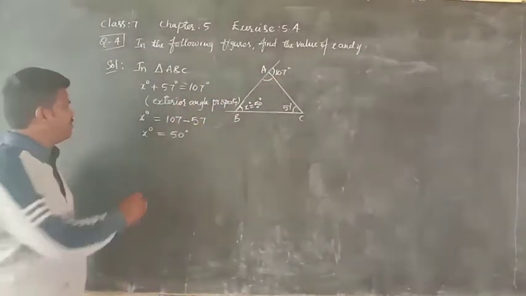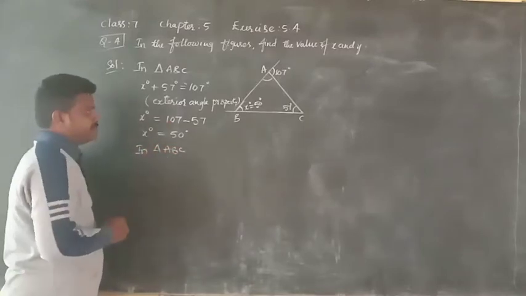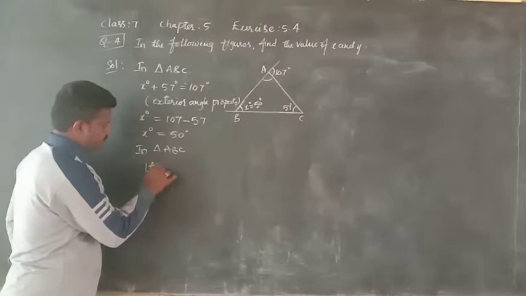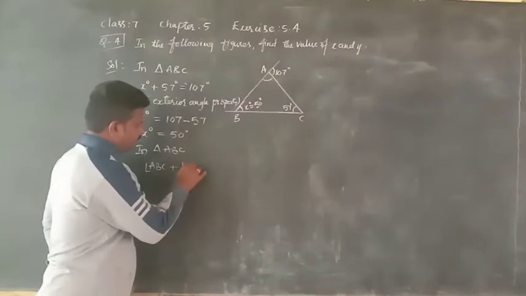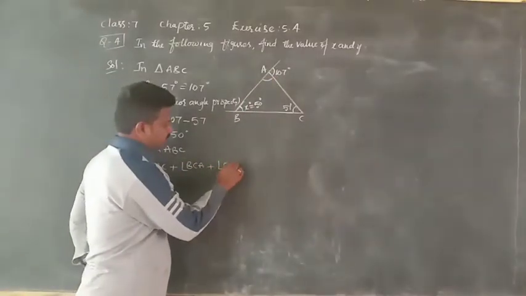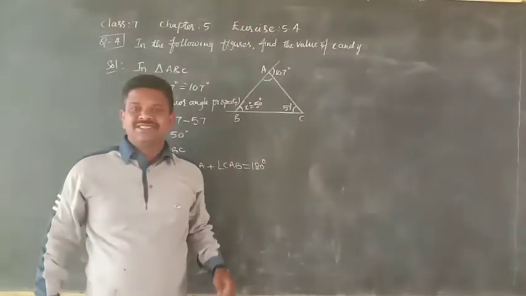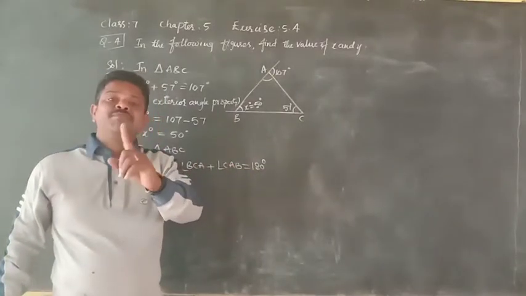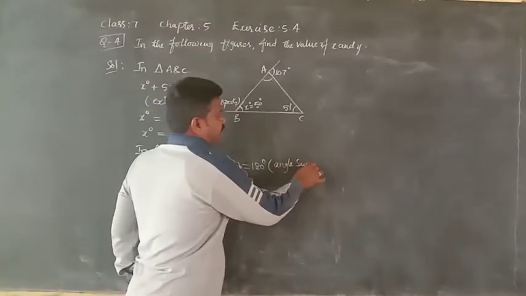To find angle A, in triangle ABC, angle ABC plus angle BCA plus angle CAB is equal to 180 degrees, which is the angle sum property.